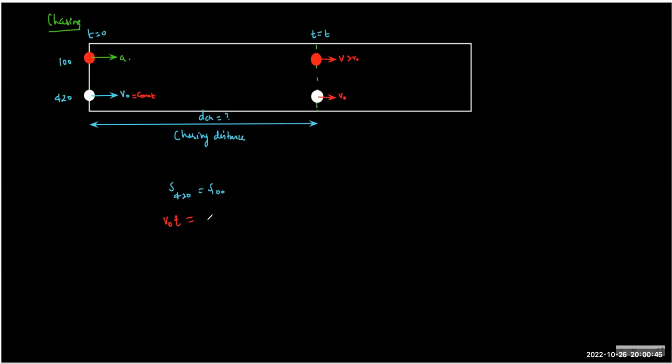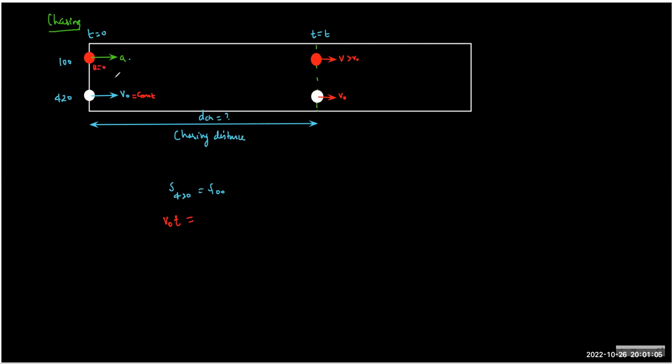What about the police jeep? ut plus half at squared. But what is u here? What is the initial velocity of the jeep? The jeep starts from rest, so it is 0.